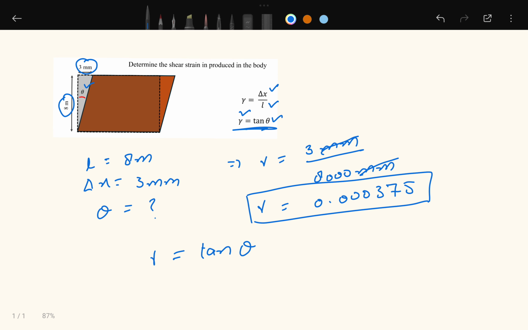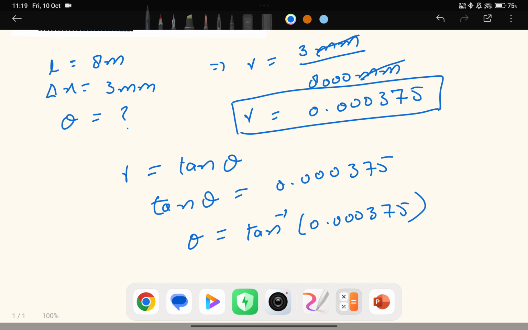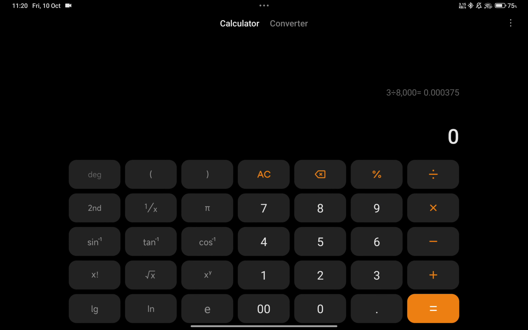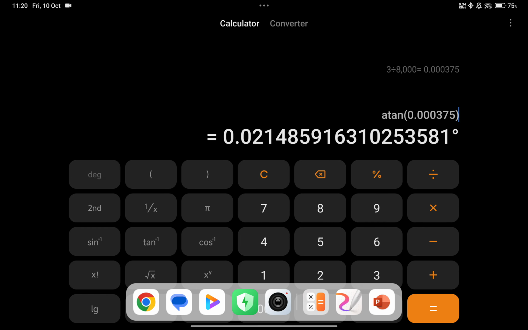So tangent of theta is equal to 0.000375, and theta is equal to tangent inverse of 0.000375, which is around 0.021 degrees.